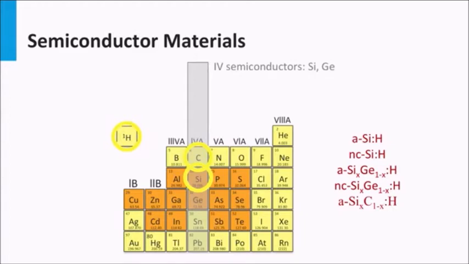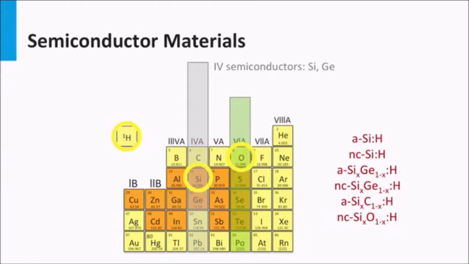Silicon is also mixed using the 4 valence electron material carbon, leading to hydrogenated amorphous silicon carbide. Another interesting silicon-based alloy is that in which the 6 valence electron atom, oxygen, is incorporated in the lattice. This nanocrystalline silicon oxide is being used in thin film silicon solar cells as well.